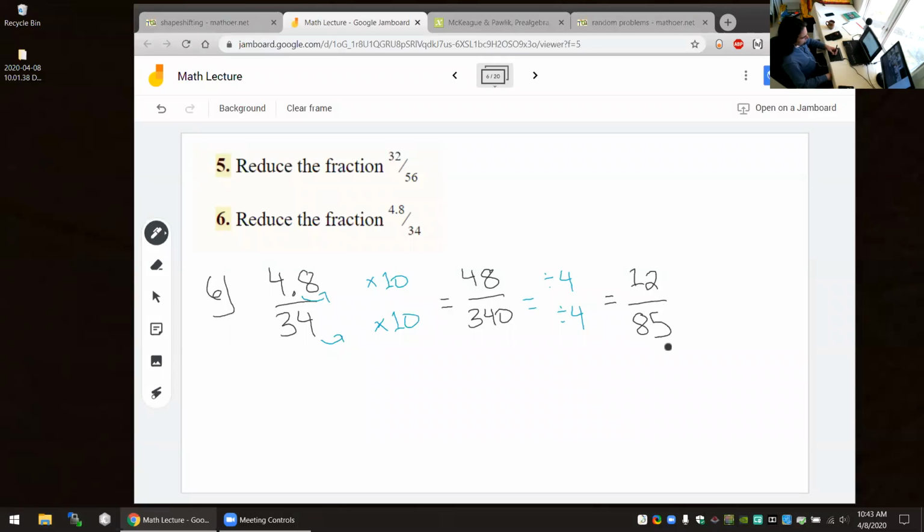Am I done? Well, they're not both even. Does 3 work? 3 works for 12, but 8 plus 5 is 13, so 3 is not going to go into that. 4 is not going to work. 5 doesn't go into this. This one only has 3 and 4, so if 3 and 4 don't work on 85, then yeah, I'm just done.